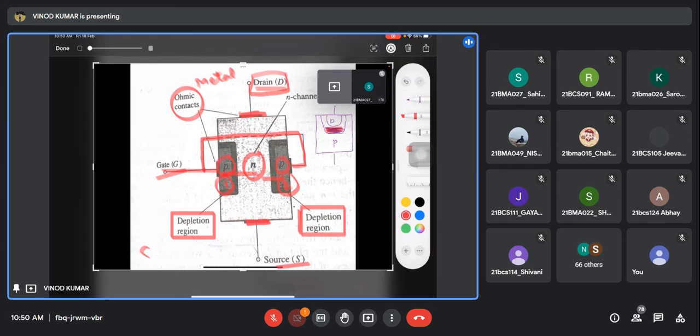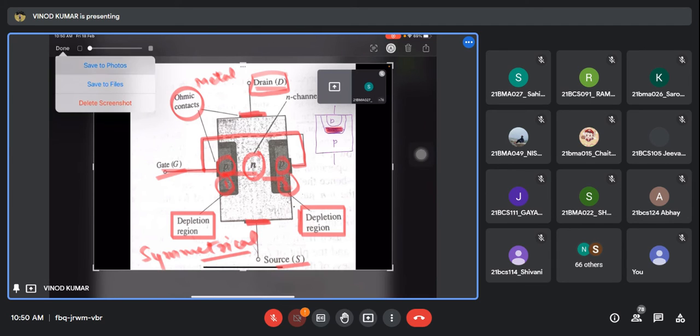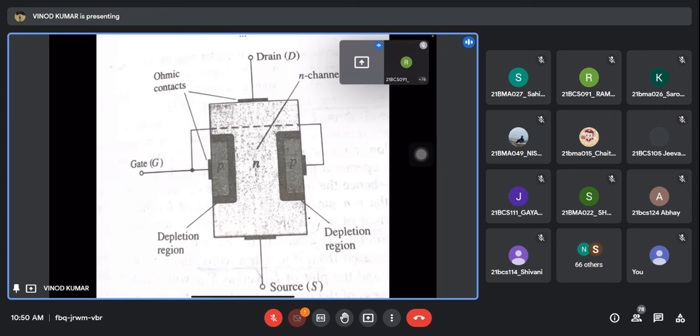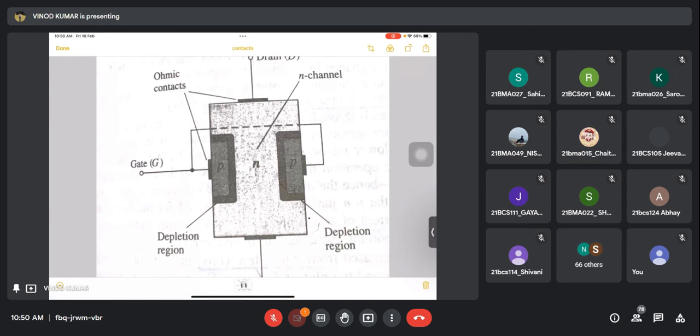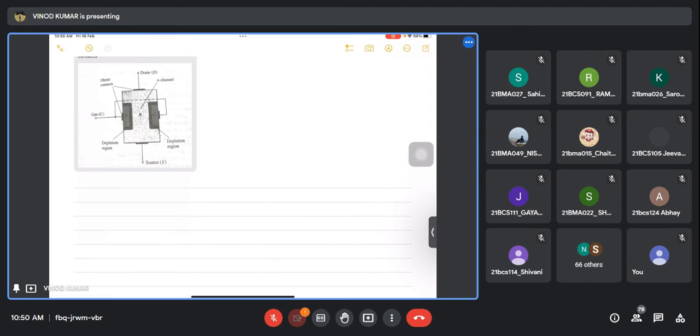So this is a symmetrical device. If you see, is it? ये symmetrical है ना device? Hello? Yes, sir. Yes, sir. Okay. Right?